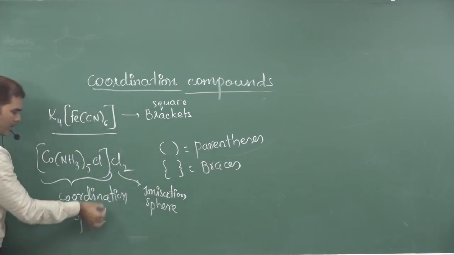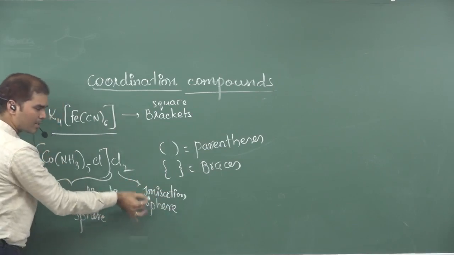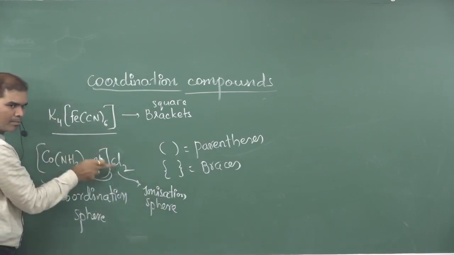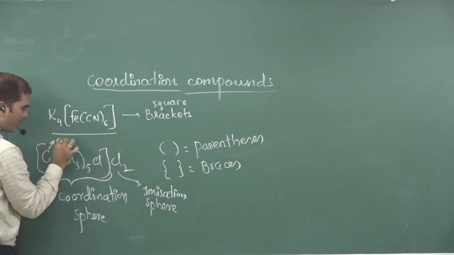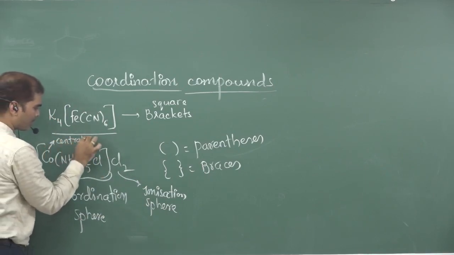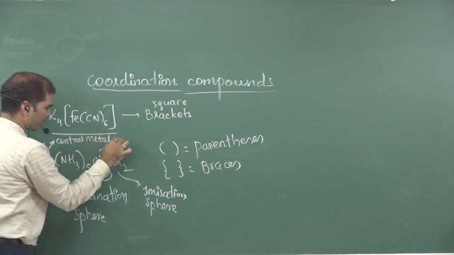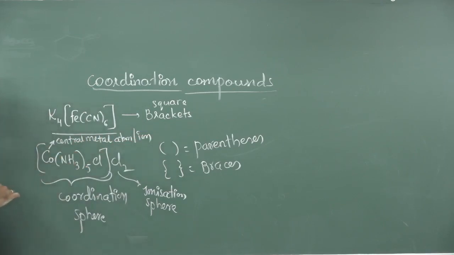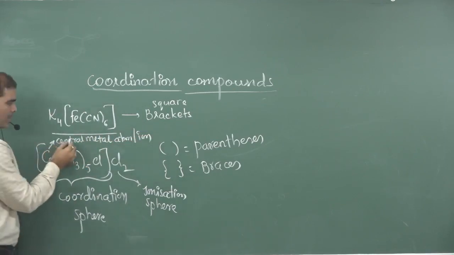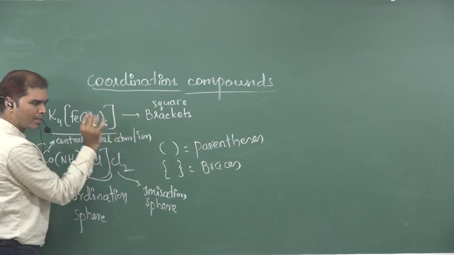Let it be a cation, let it be an anion. Within the coordination sphere, you will have a central metal. It could be a central metal atom or an ion, depending on the oxidation state of the central metal. So I can call it a central metal atom or a central metal ion.